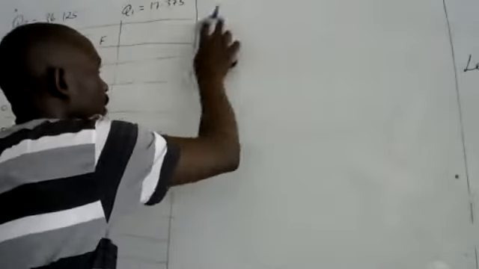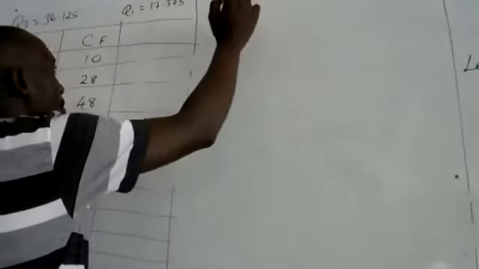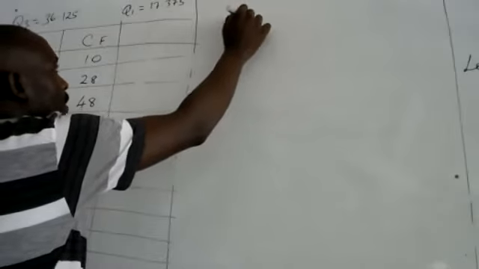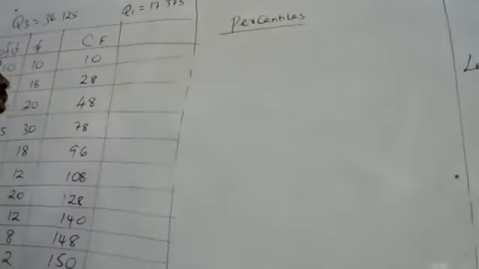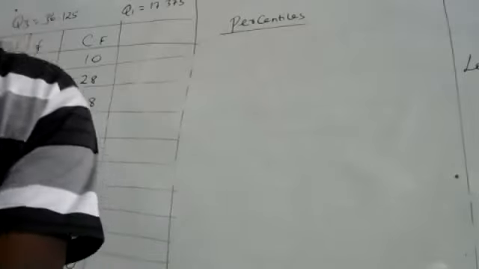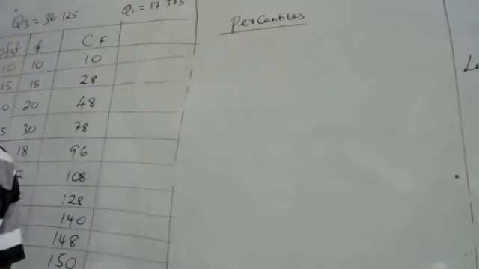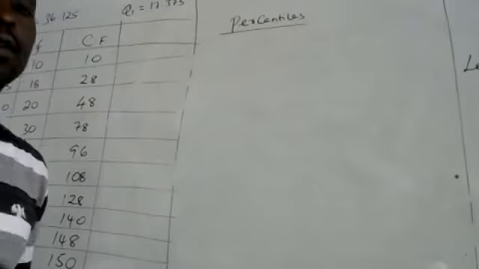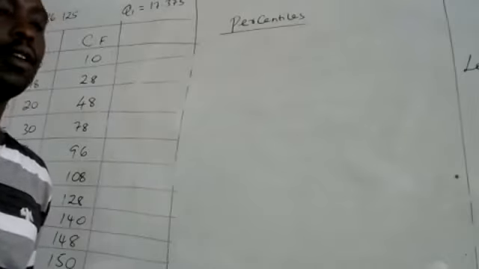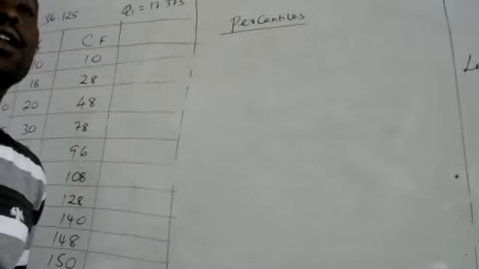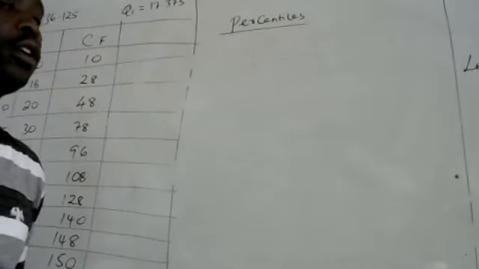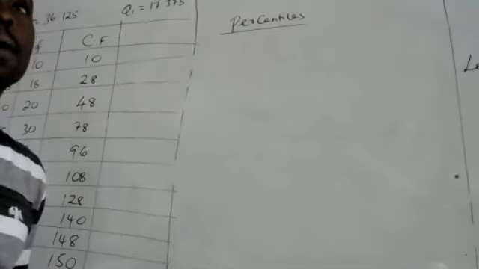We go to percentiles. You can write this, that they are values that divide a distribution into 100 equal parts.